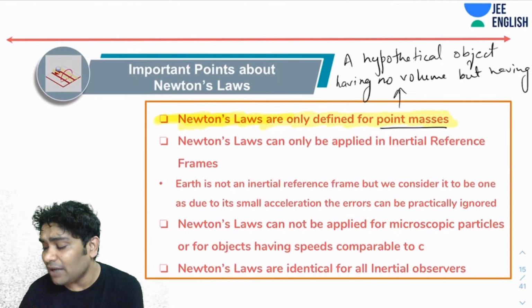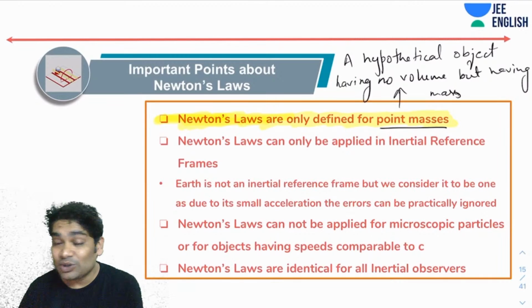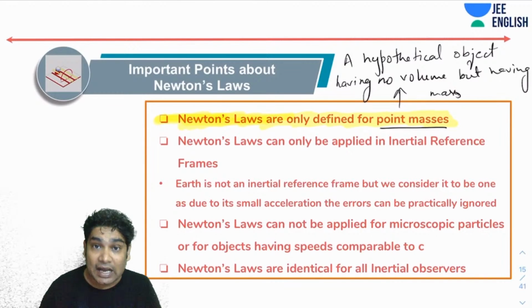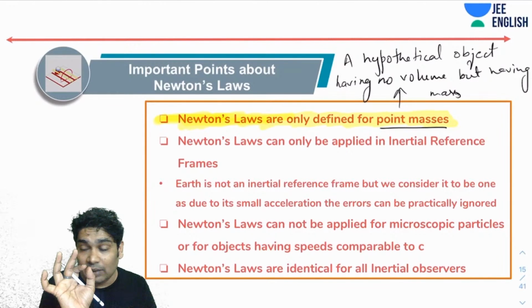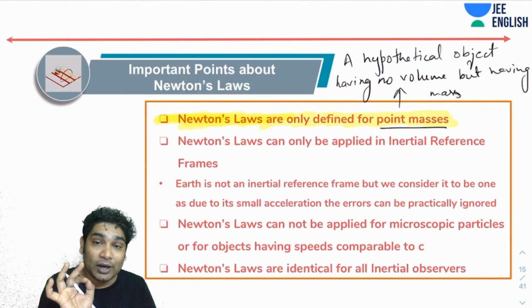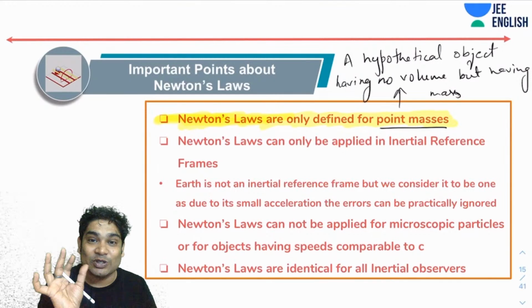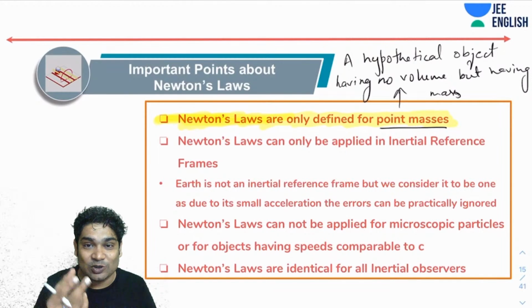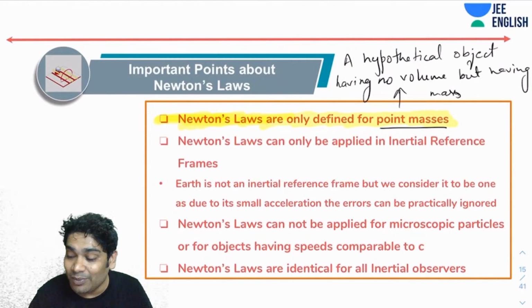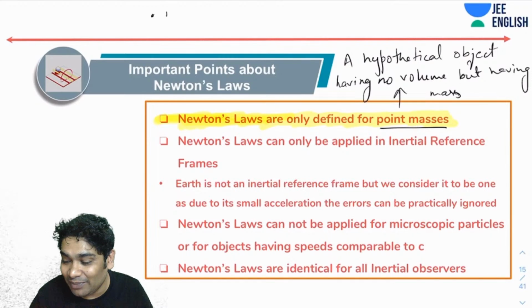So hypothetical means imaginary. Alright, so you imagine that there is a mass which is essentially a point. That is a point mass. There is a body which has no other dimensions, which has no thickness, which has no length, which has no breadth. So you can represent the body with a single point. But this point has a mass. That is what a point mass is.